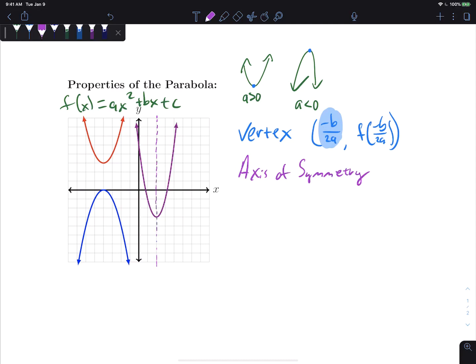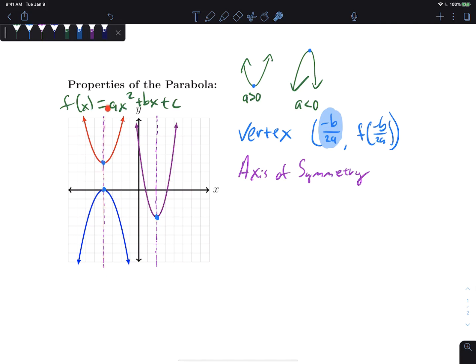So looking at these two functions, we have an axis of symmetry here and another one here. Now, I'm drawing these as vertical dotted lines because these technically aren't part of the graph itself. These are just something to help us. Now, we have a vertex here, here, and here.